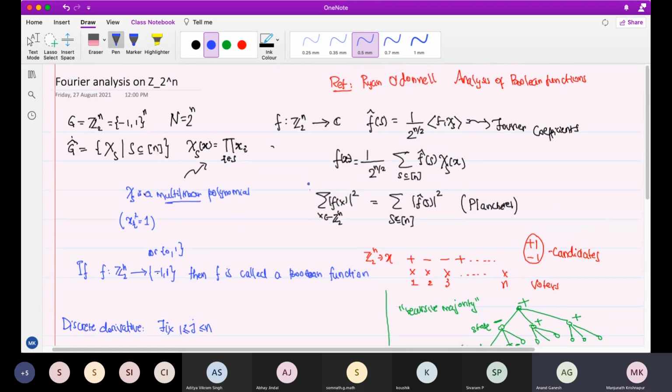If you take AND of x1, x2, xn, in this case, when you say AND, it means all of them have to be one. So AND function means if even one coordinate is -1, then it is -1. Otherwise, it is 1. Right, correct. Okay, it depends on how we map.